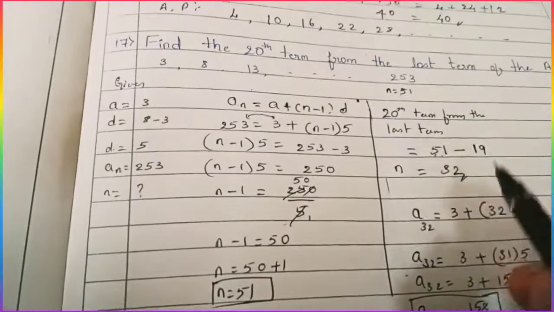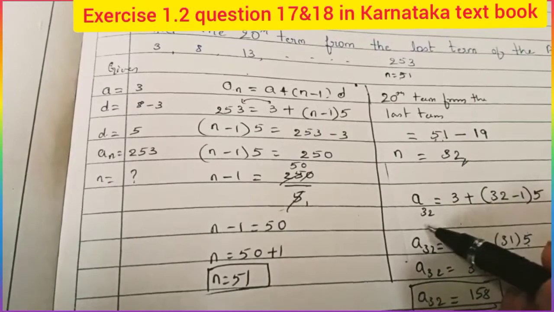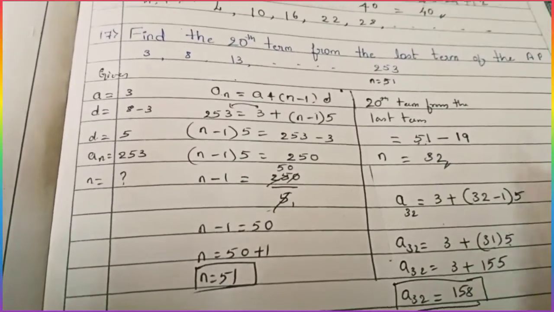The value of the 20th term from the last term is 158. So a32 was the 20th term from the last term. Its value is 158. I hope that you people have understood.